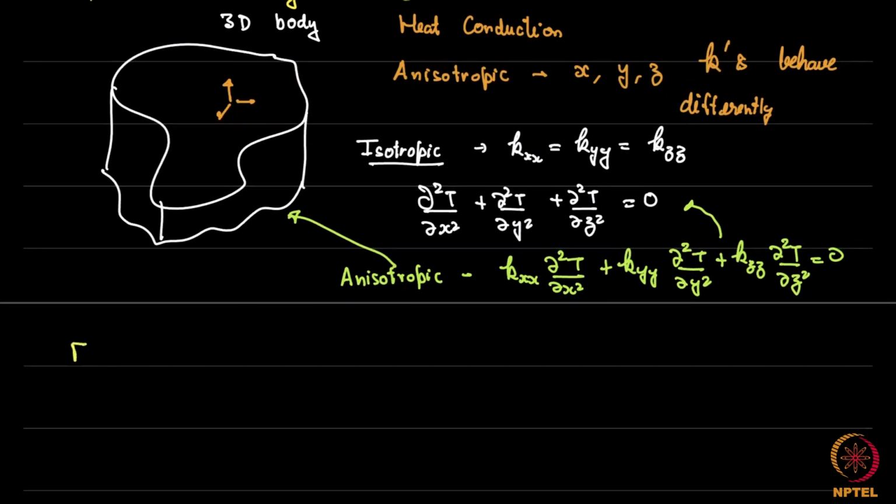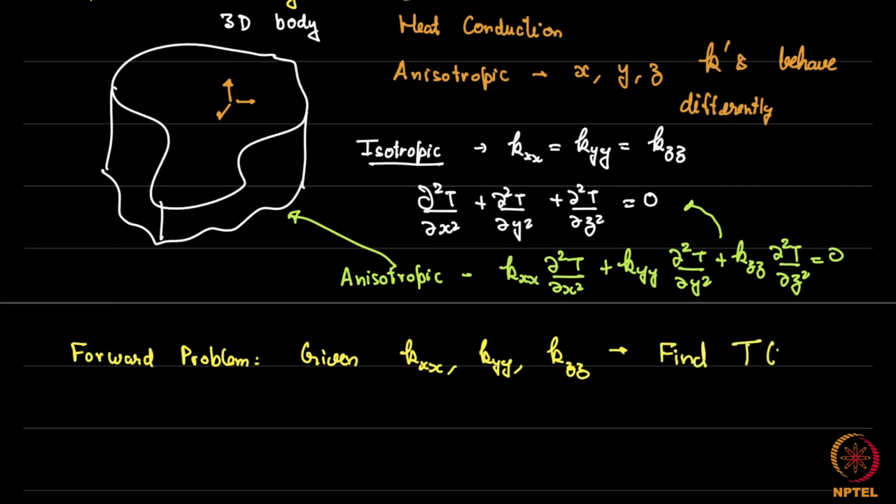So the forward problem would be: given Kxx, Kyy, Kzz, find, let's say, the temperature distribution. Find temperature as a function of x, y, z.